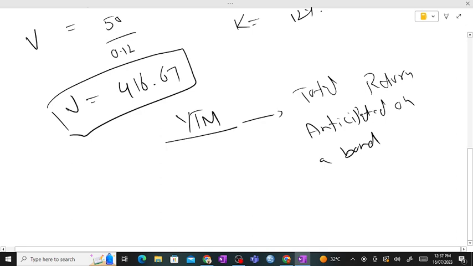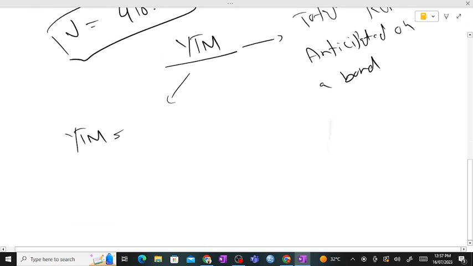YTM is considered a long-term bond yield but expressed as an annual rate. Why is it important? It helps the investor make comparisons and choose the best investment options.